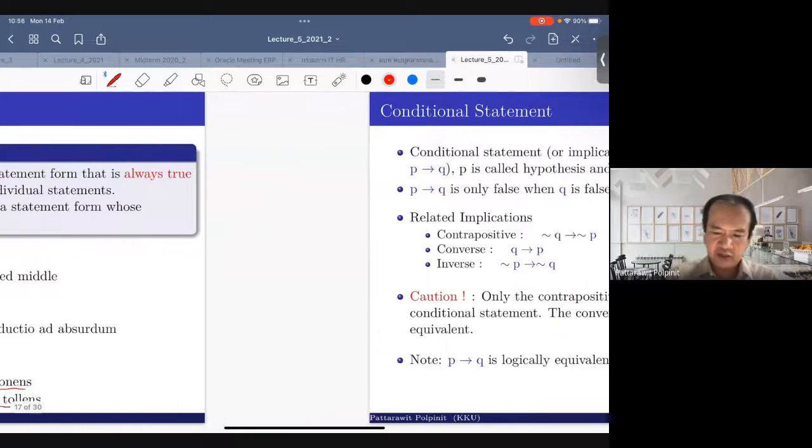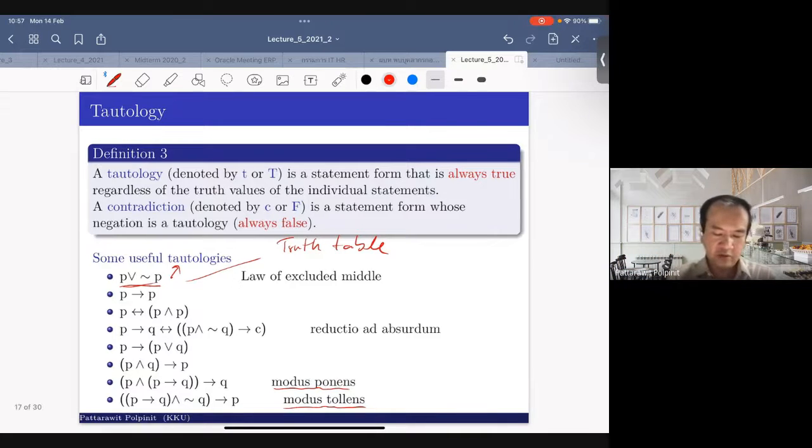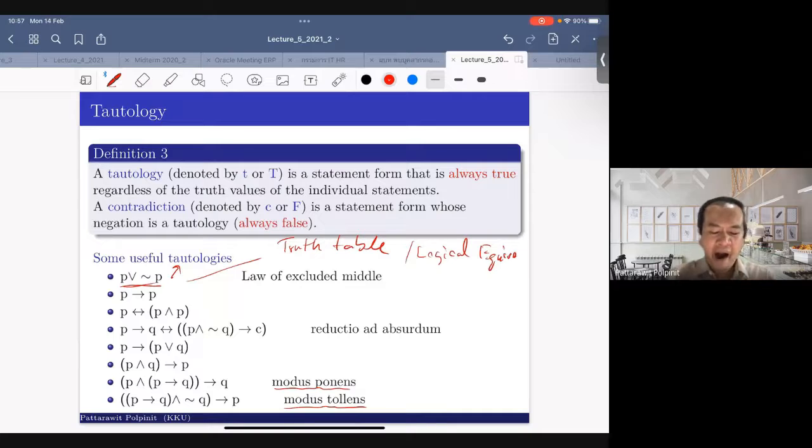You can always come back and check. If you want to check whether these are actually tautologies, you can use a truth table again. Just write the truth table of this expression, and you can see that the truth value will always be true, right? For all of these, or you can use logical equivalence.